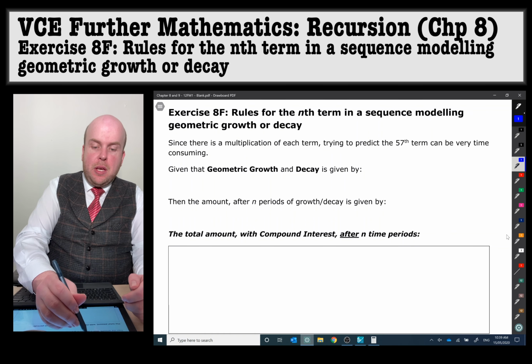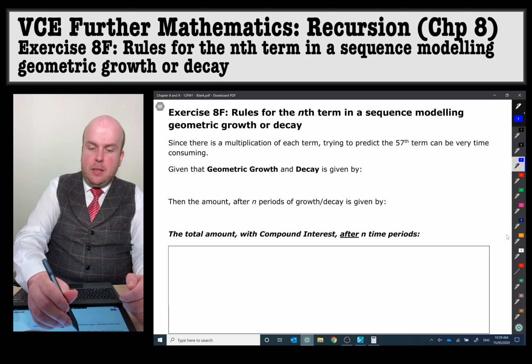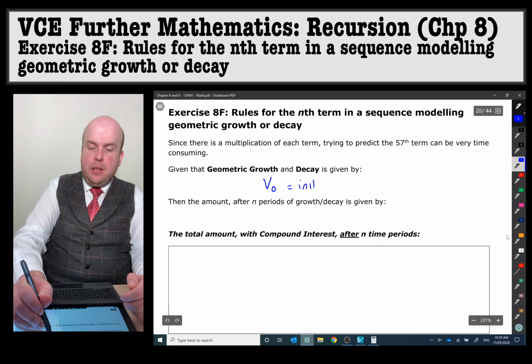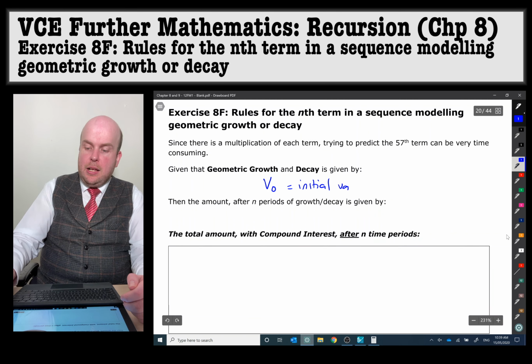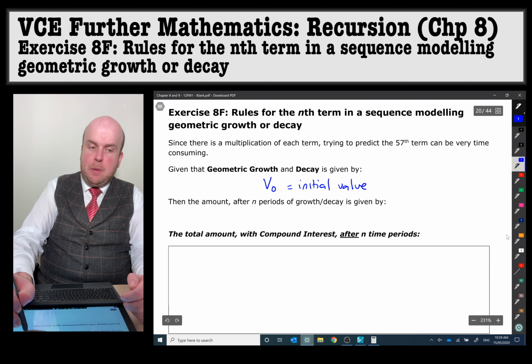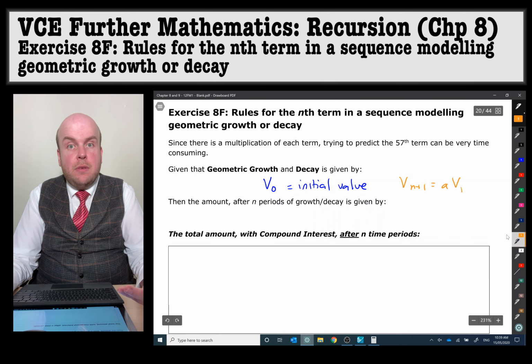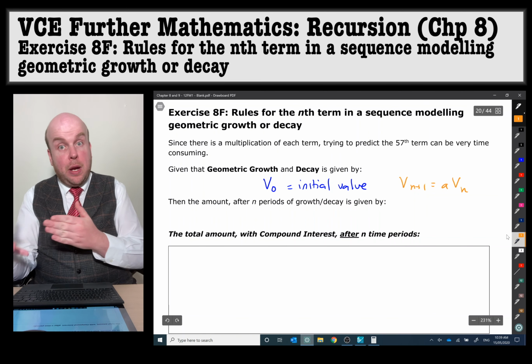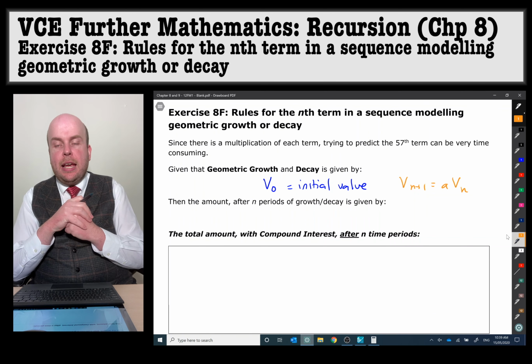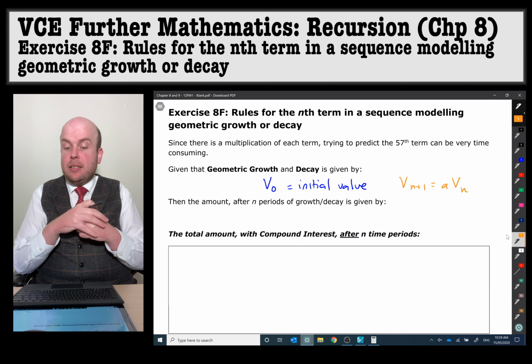So we use this same principle that the V naught is the initial value, and the rules are the same sort of idea. So Vn plus 1 is equal to A Vn. That's the recurrence relation. As you know, when A is greater than 1, that's a growth. When A is less than 1, then it's decay.